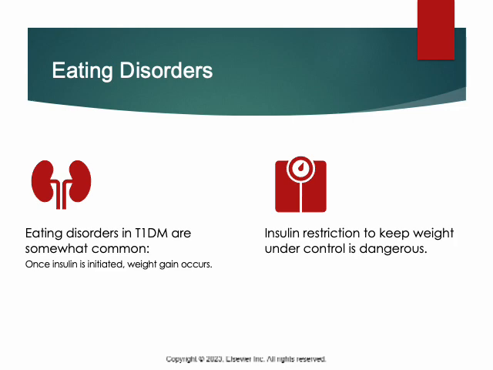Now, insulin restriction to keep weight under control needs to be a red flag. And if this happens, in addition to nutritional therapy, you may need to have the patient's overall mental health evaluated. So there's a strong connection between the two.